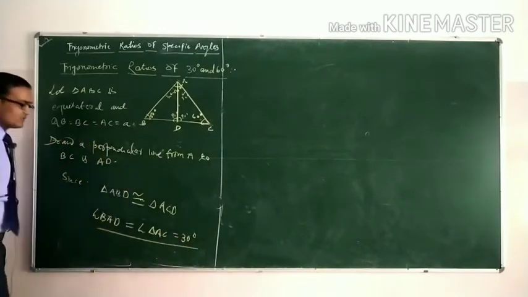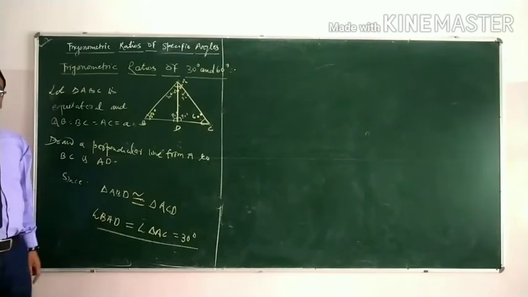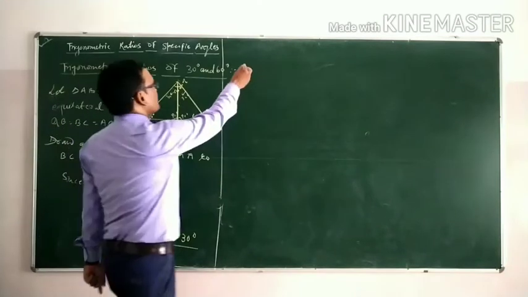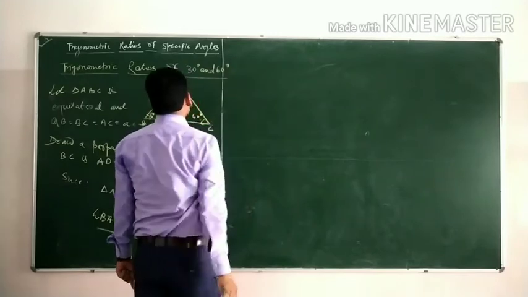Okay, students. We find the trigonometric ratios for 30 degrees.